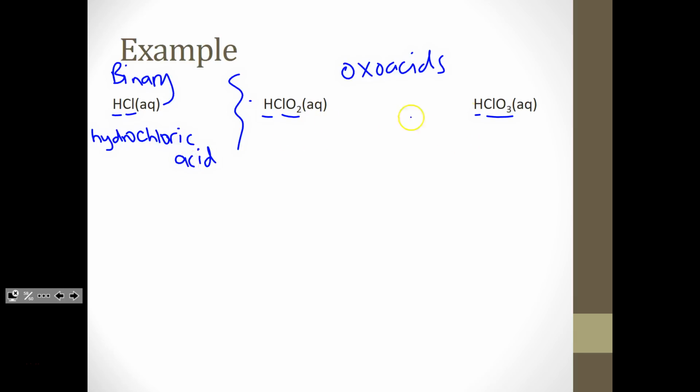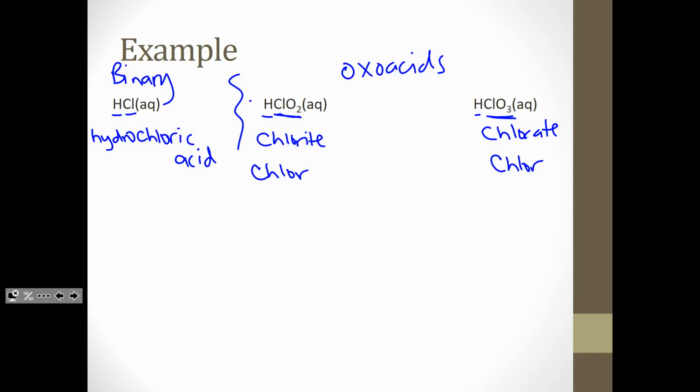For these 2 acids over here, even though they have hydrogen at the beginning, we're not going to start out with hydro. We're going to go straight into the polyatomic ion. So you have 2 polyatomic ions here that look very similar, ClO2 and ClO3. ClO2 is the polyatomic ion chlorite, whereas ClO3 is chlorate. Notice if I take the root of both of those, they look very similar, don't they?